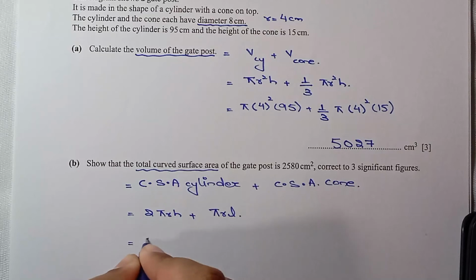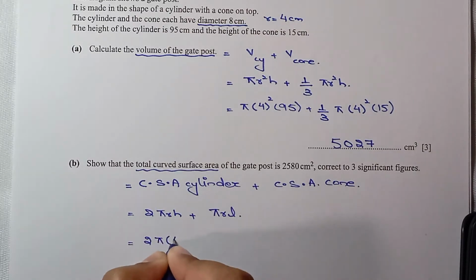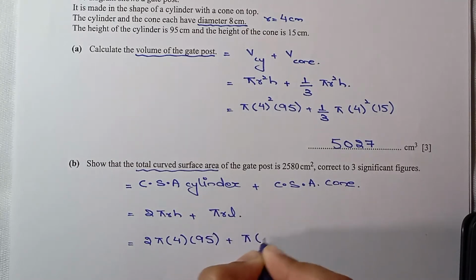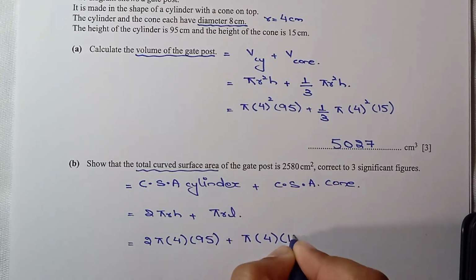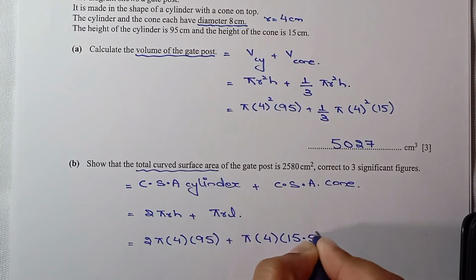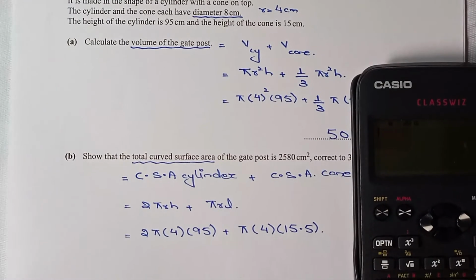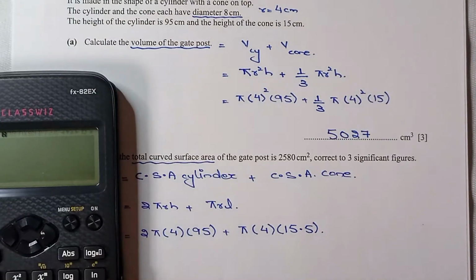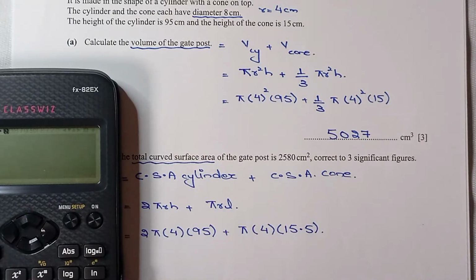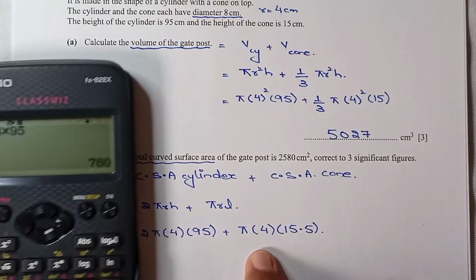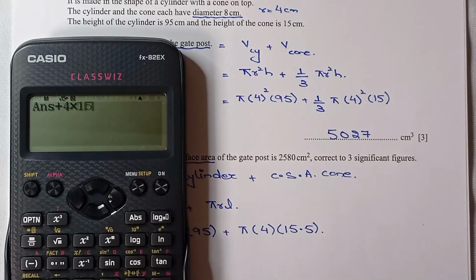Let me substitute all the values now. We have 2 pi, the radius is 4, the height of the cylinder is 95, plus pi, the radius is 4, and the slant height we just got is 15.5. Now let me simplify to get the total curved surface area. 2 times 4 times 95 is 760, then add 4 times 15.5, and then times pi.